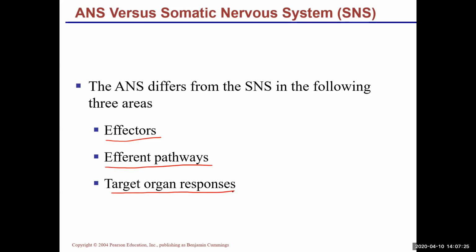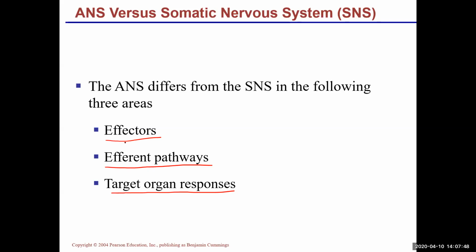What does it do to the organs? The effectors are different, but what does it do to them? Does it increase? Does it decrease? Does more contraction, let's say on the heart, occur, or less contraction? What is happening? That's a little bit different in the somatic nervous system compared to the autonomic nervous system.